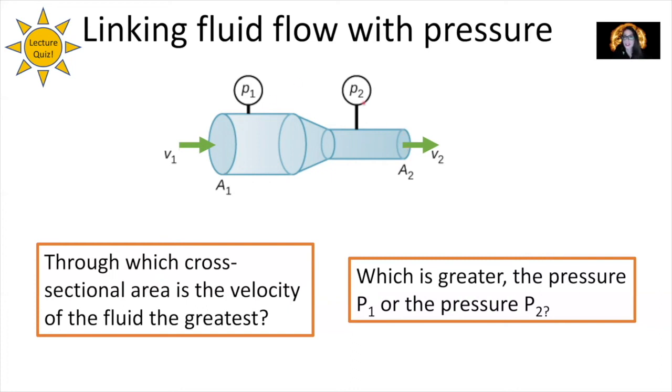We've got little pressure gauges here monitoring the pressure on the left and on the right. So through which cross-sectional area is the velocity of the fluid the greatest? You're going to think about mass continuity. And then, which is greater, the pressure P1 or the pressure P2? You're going to use your answer to the first question and Bernoulli's equation in order to think about the second question.